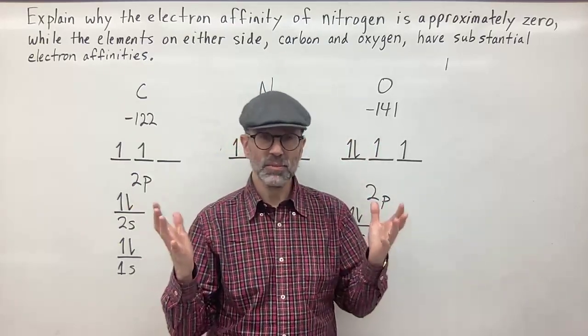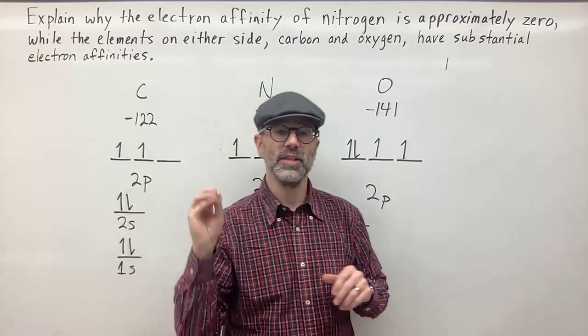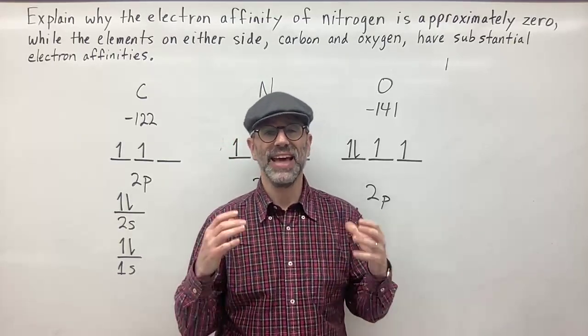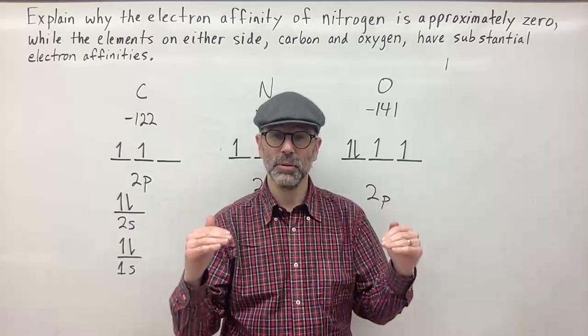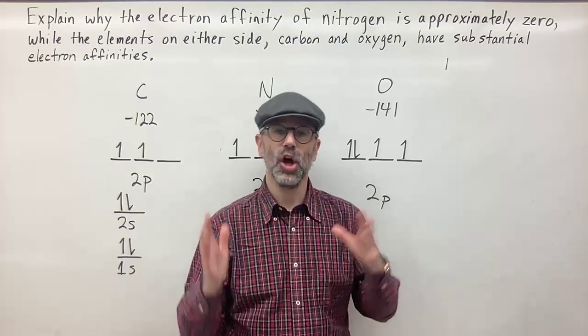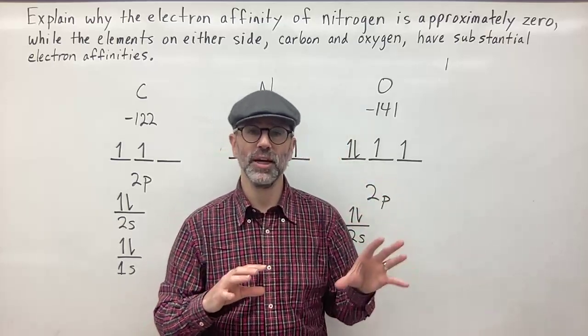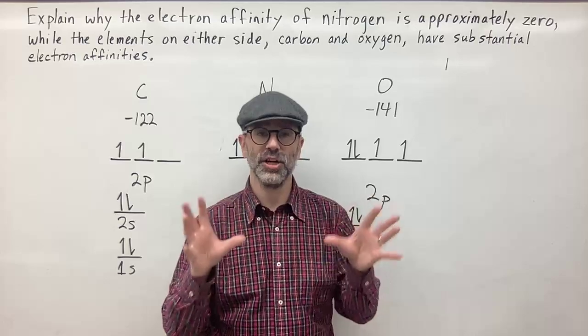Sometimes it's going to take energy to put those electrons in. If you get a positive value, that indicates the atom really doesn't want the electron, or it's a destabilization of the atom. That's an overview of electron affinity and how it relates to energy changes and ionization energy.